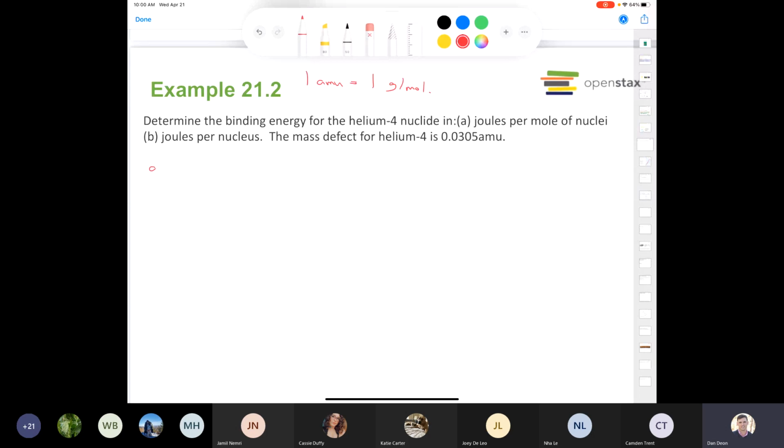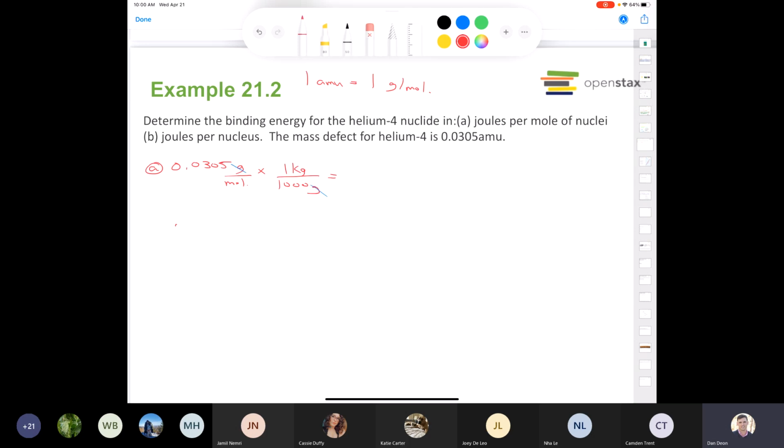And so for A, we're starting with 0.0305 grams per mole. We need the mass of our mole of nuclei in kilograms. To convert that into kilograms, in 1,000 grams we have 1 kilogram, so grams are going to cancel.